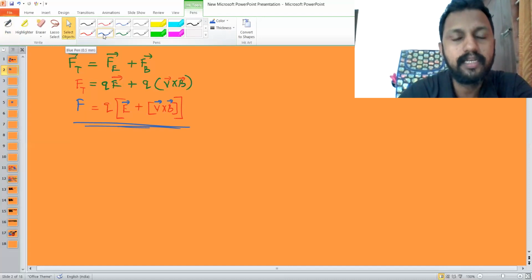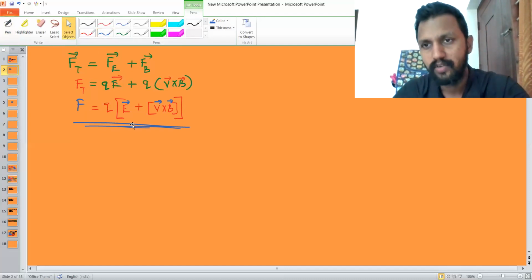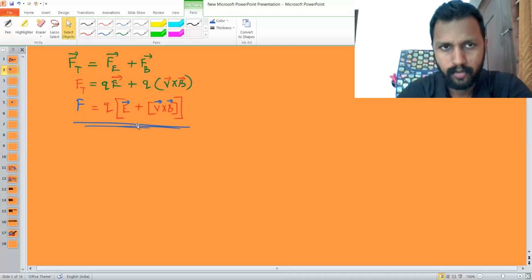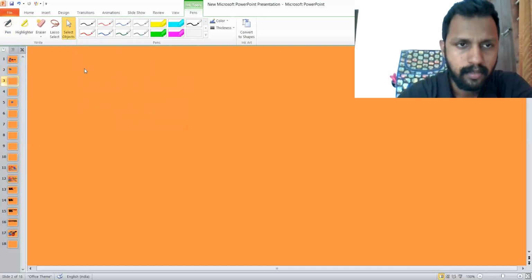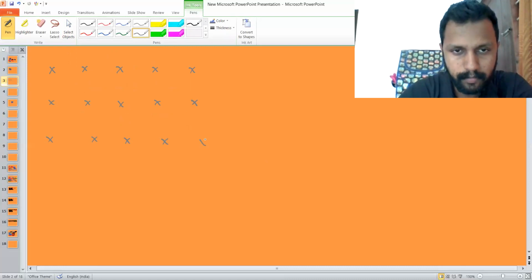In order to find out the direction of force, we will be using a rule which is called Fleming's left hand rule. For applying Fleming's left hand rule, let me create a situation. There is a uniform magnetic field which is inwards to the screen like this.